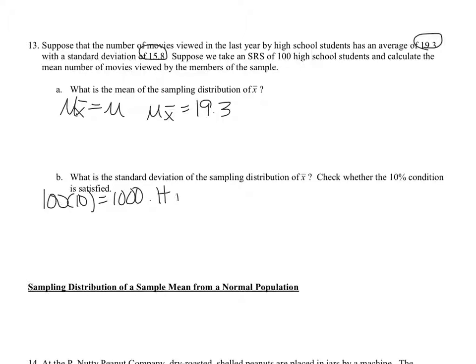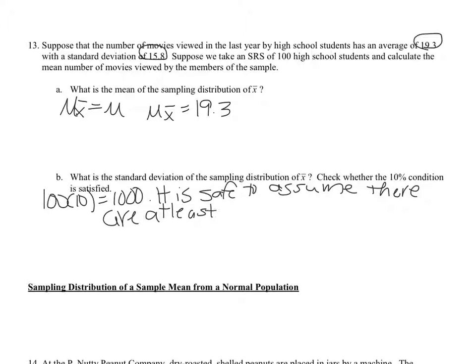It is safe to assume there are at least 1,000 high school students. Right, and that would seem reasonable, especially if you're talking about, it doesn't say in the US, it just says high school students in general.